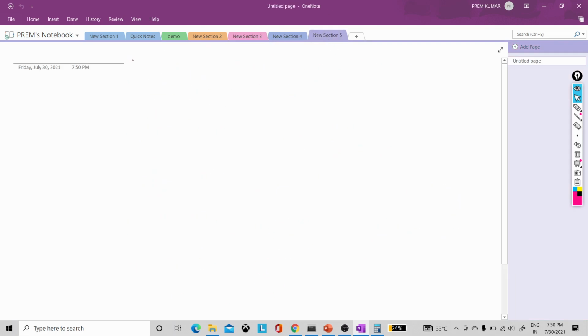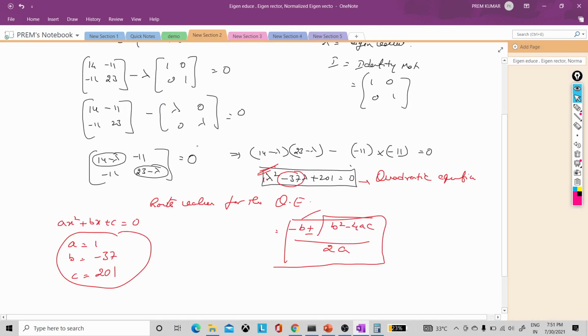So now I have to find the eigenvectors of lambda 1. Lambda 1 value is 30.38. So the equation will be A minus lambda I multiplied with X is equal to 0, where A is 14, and this is our identity matrix.